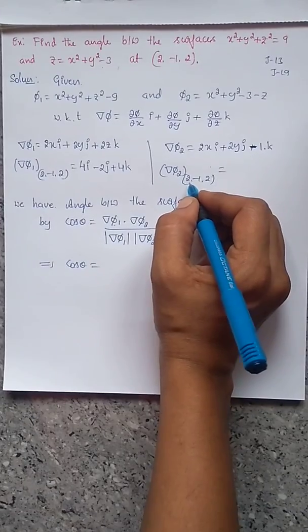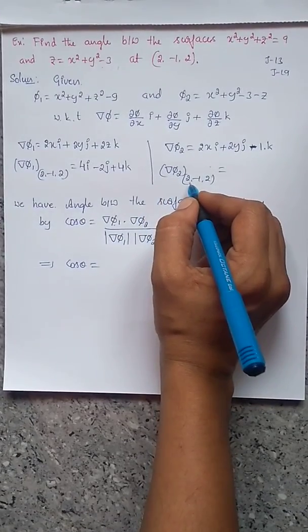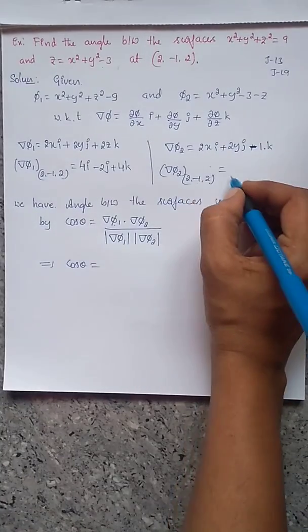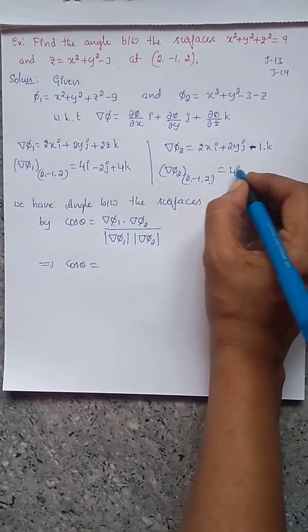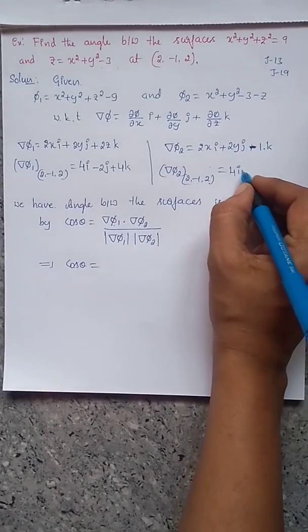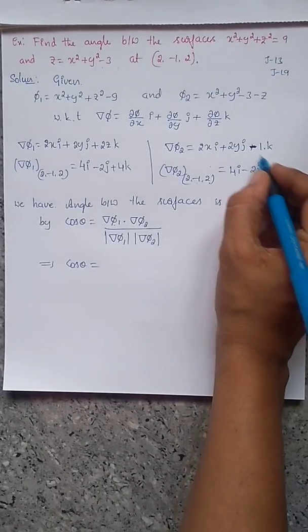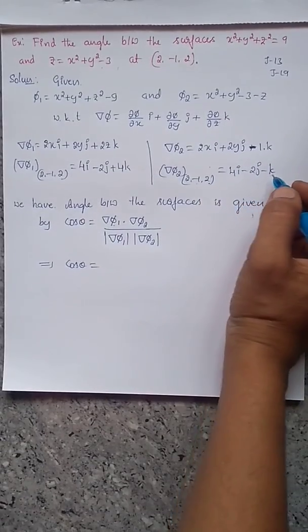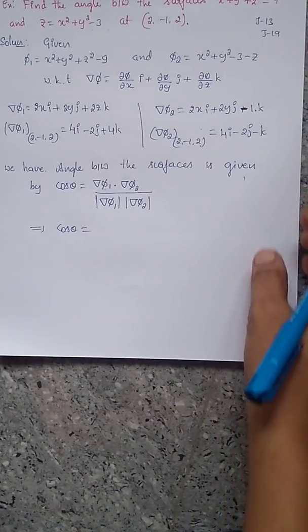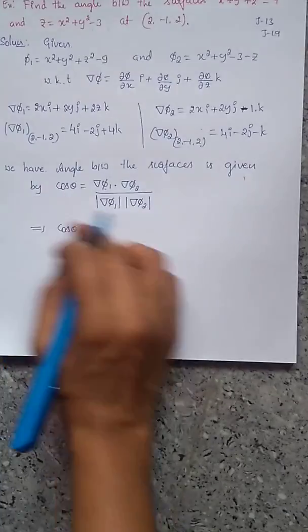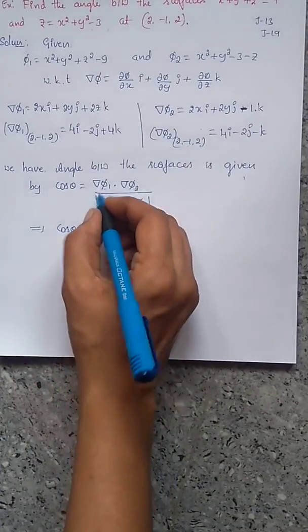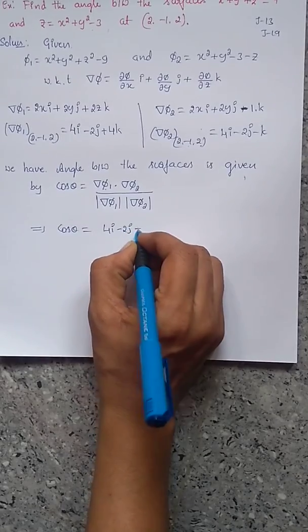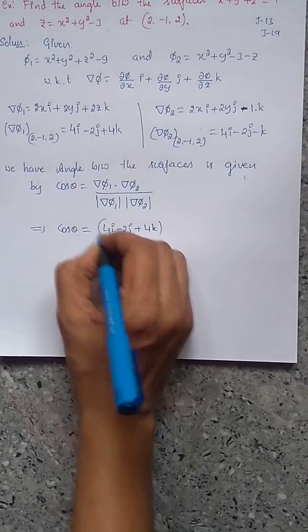So at the point (2, -1, 2), del pi 2 is 4i - 2j - k. There is no z term, so there is no need to substitute the z value.